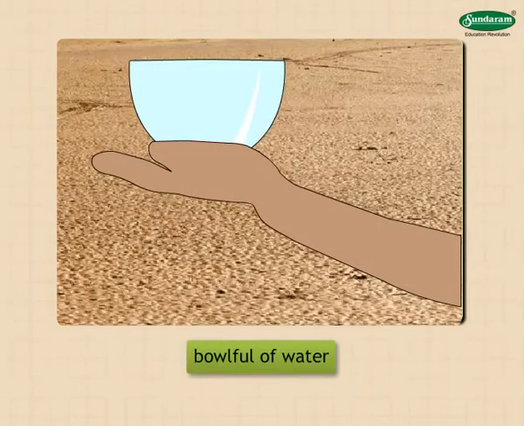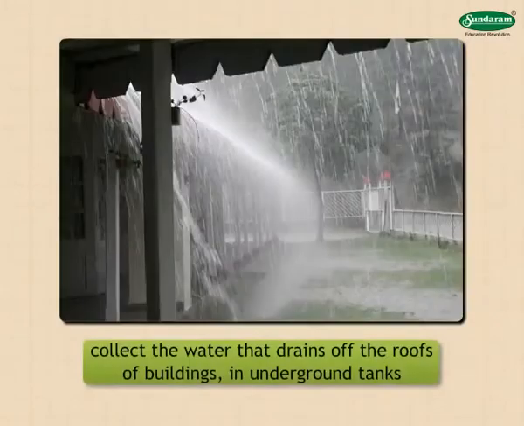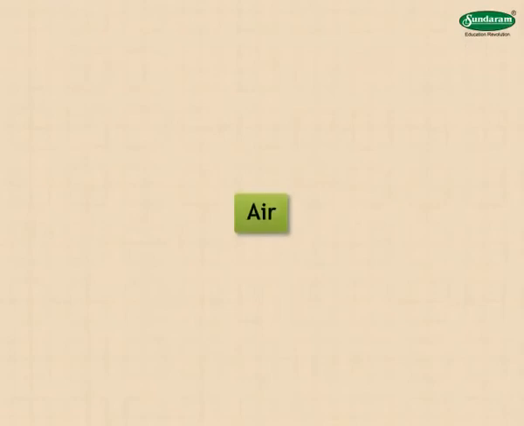It is necessary to dig trenches on fields and mountain slopes to stop water and make it sink into the soil. It is also necessary to collect the water that drains off the roofs of buildings in underground tanks built for the purpose. Air.